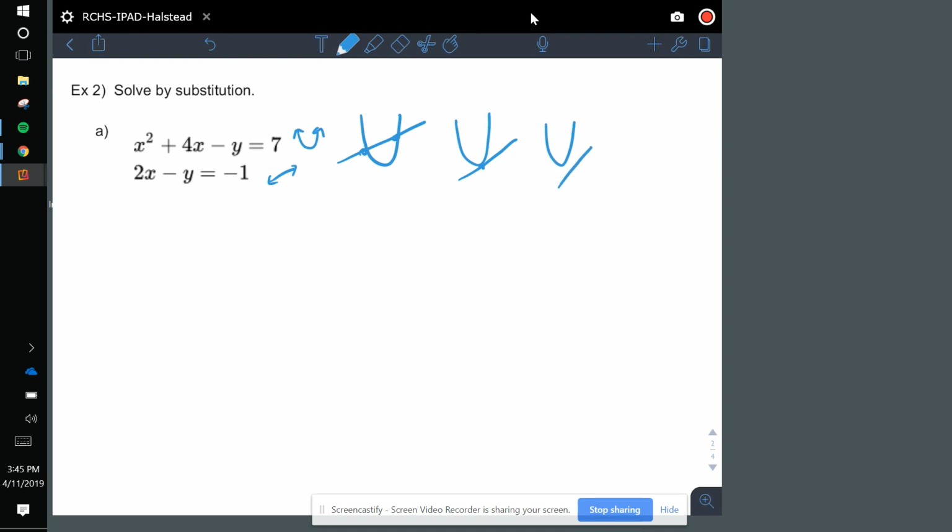So first, we need to solve one equation for y. So isolate one variable. So I'm going to go ahead and isolate y. So I get 2x plus 1 is equal to y. Now I can take this 2x plus 1 and sub it into the other equation.